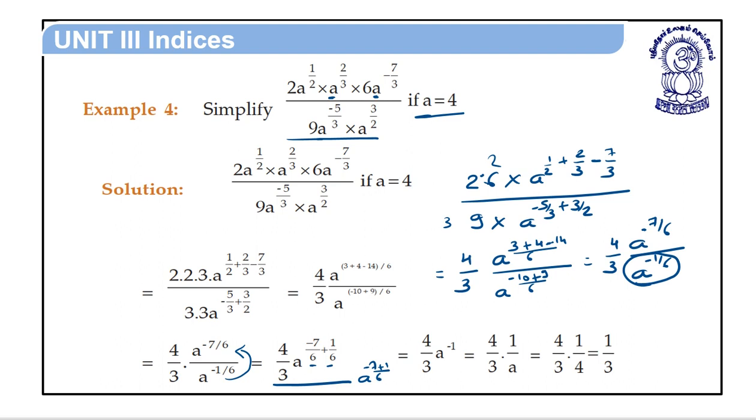So minus 7 plus 1 is minus 6, 6 cancel. So 4 by 3 a raised to minus 1. So 4 by 3 into 1 upon a. Put the value of a here. a is equal to 4. 4 by 3 into 1 by 4. 4 cancel. So the answer is 1 by 3.